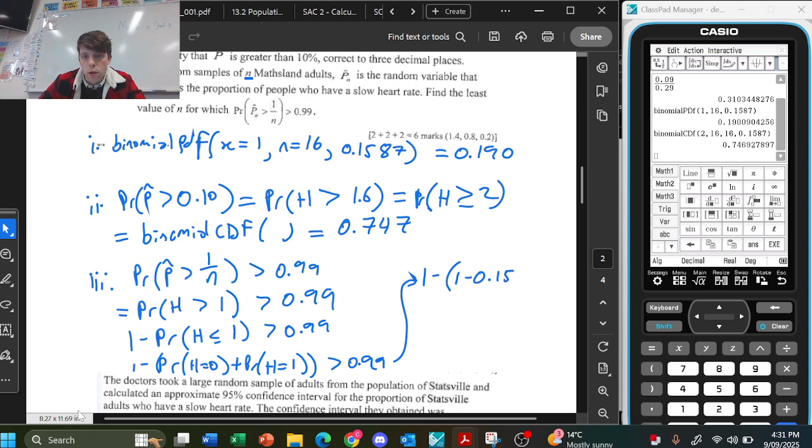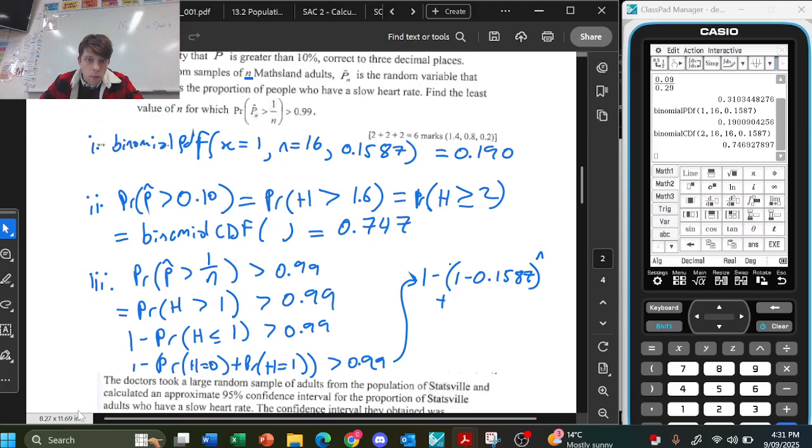So the probability that they do is 0.1587, and the probability that everyone does not have a slow heart rate is 1 minus that to the power of n. Okay, so this is the same thing as the probability that the number of people with a slow heart rate is 0. So it's basically like every single person does not have a slow heart rate. So it's just 1 minus that to the power of n.